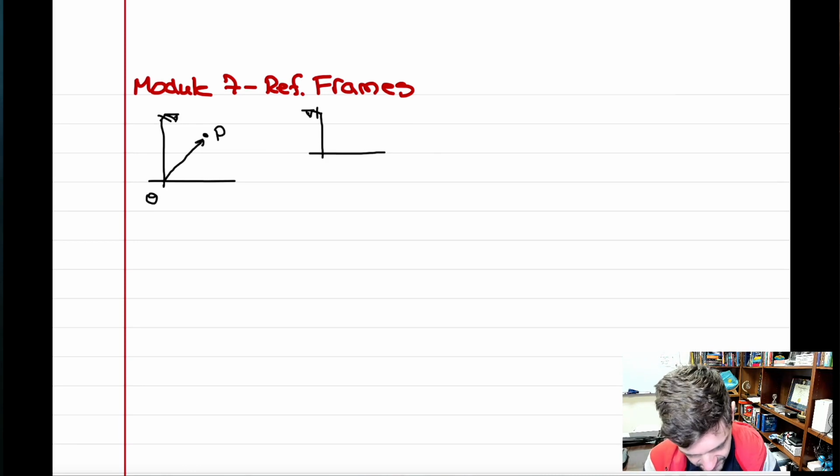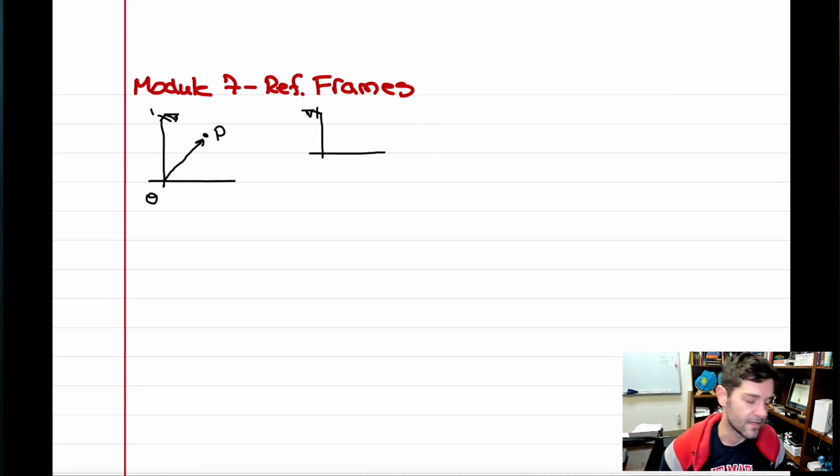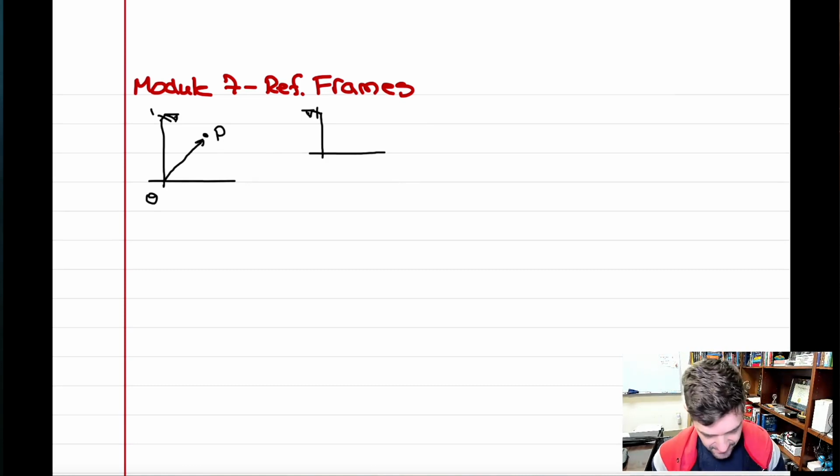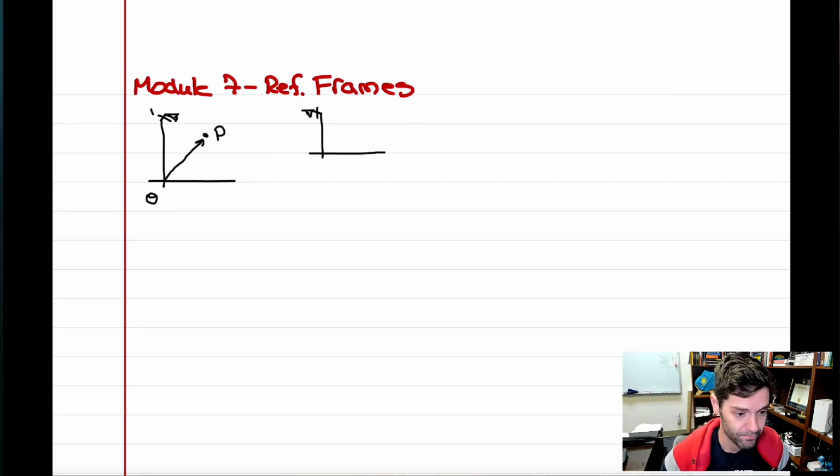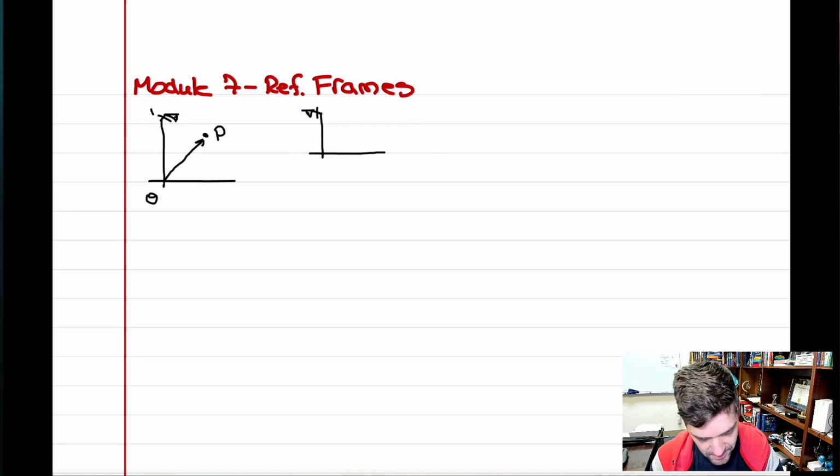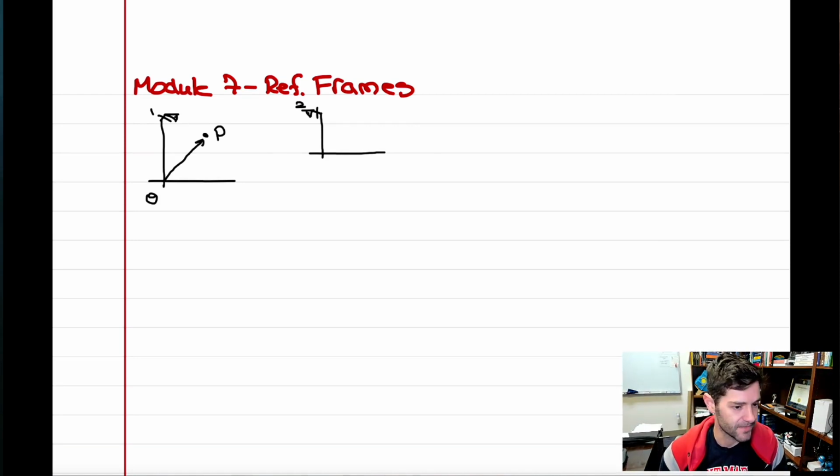So if I'm this person here, person 1, this is how I could identify the location of this particle. But suppose you, person 2, are over to the right. You also can identify the position of that particle, but it would not be the same position from your coordinate system.